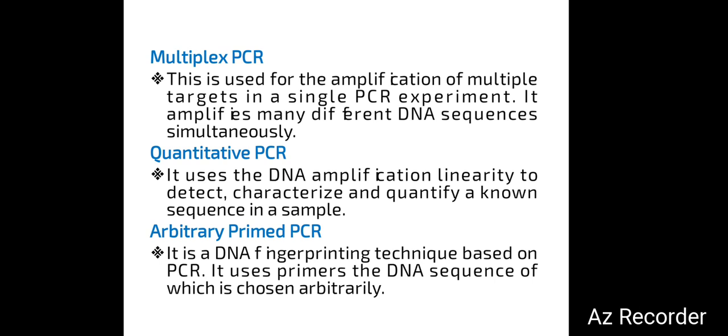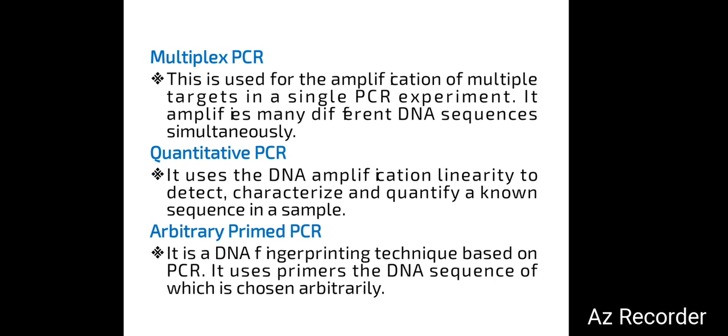This breaks the hydrogen bonds between the two strands of DNA and converts it into single stranded DNA. The single strands now act as a template for the production of new strands of DNA. The temperature should be provided for a longer time to ensure the separation of the two strands.